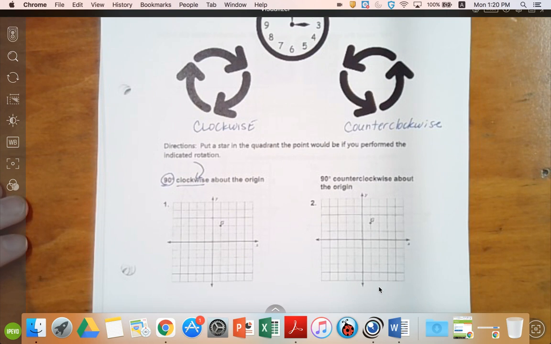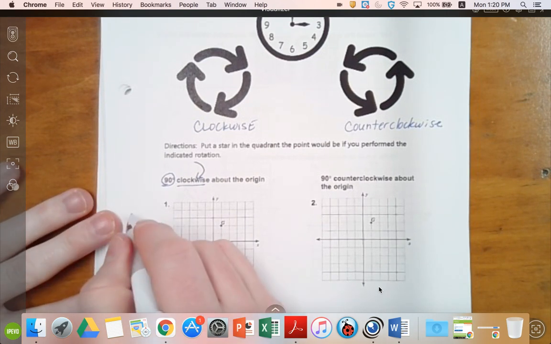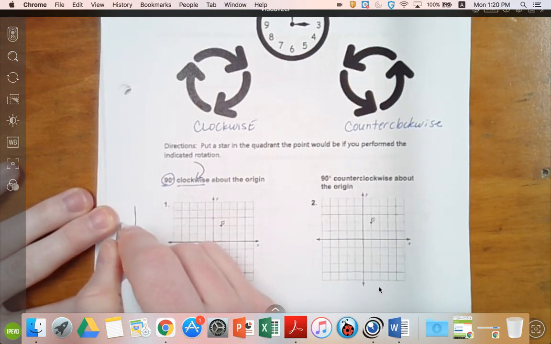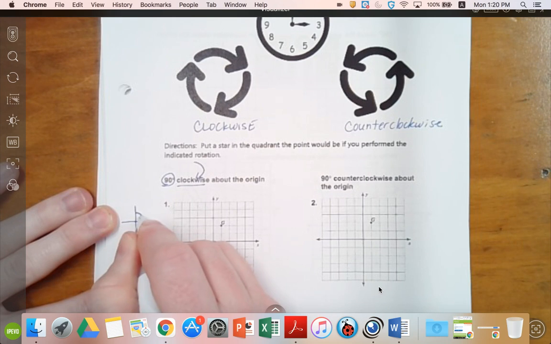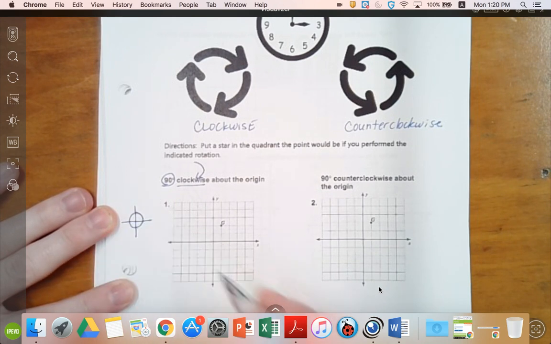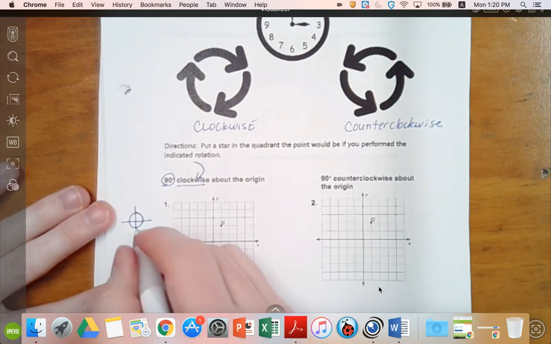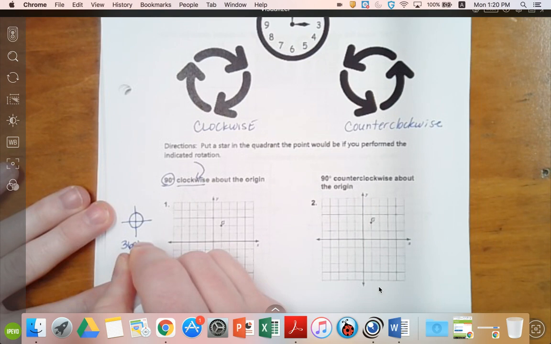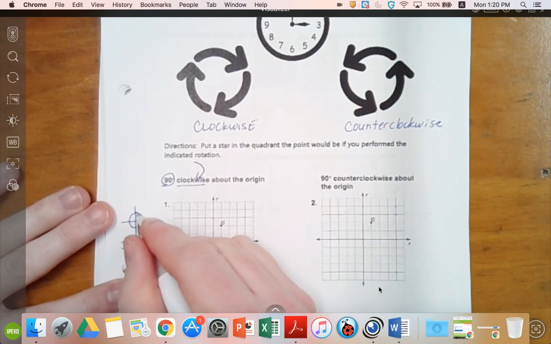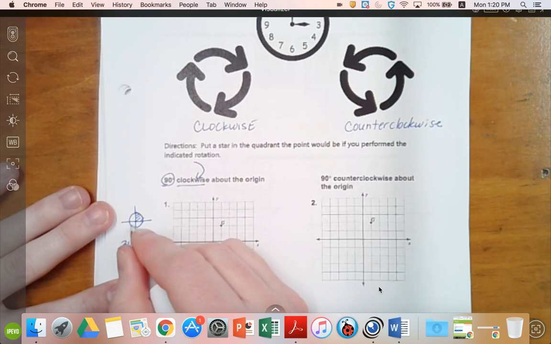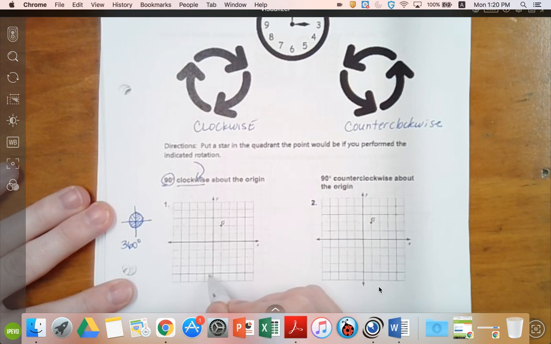If I think about it here, I'm going to think about it like a circle. A circle you see here is 360 degrees. And each one of these little boxes is worth 90.